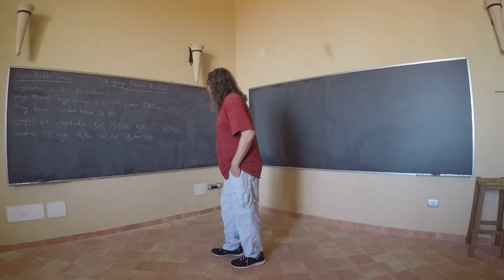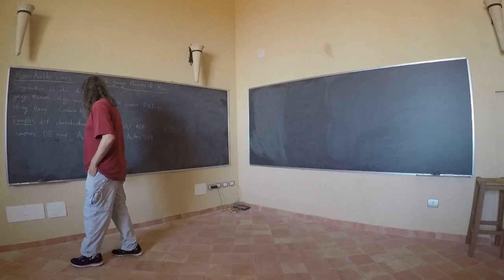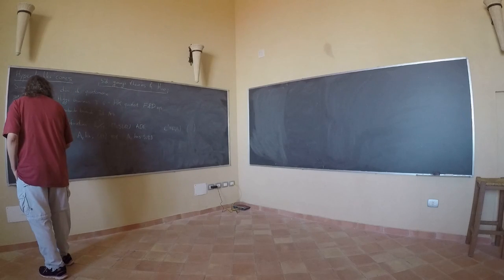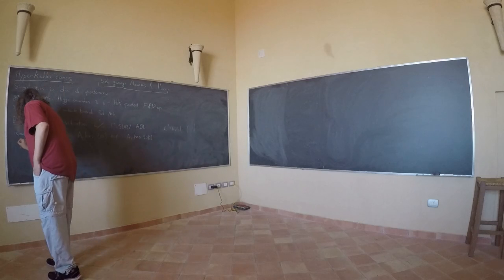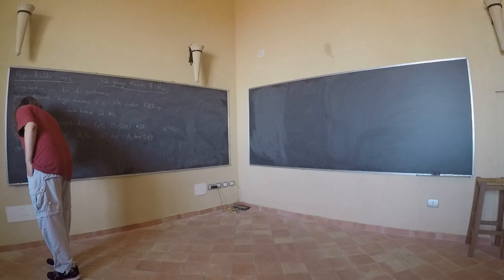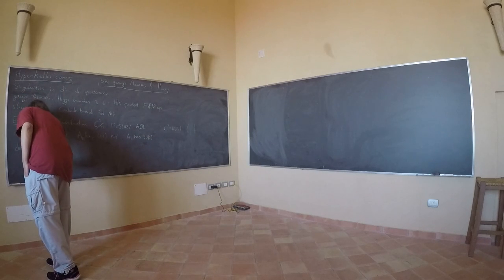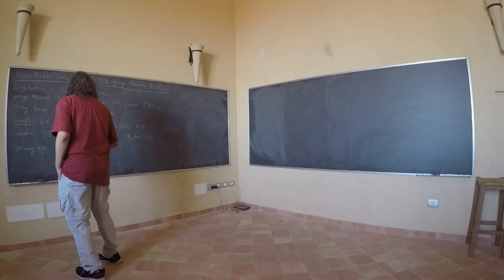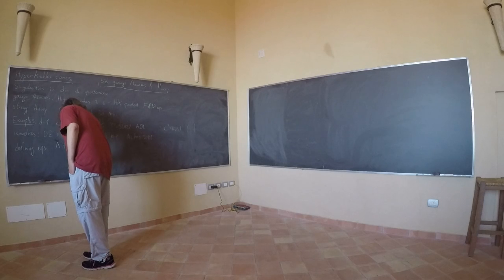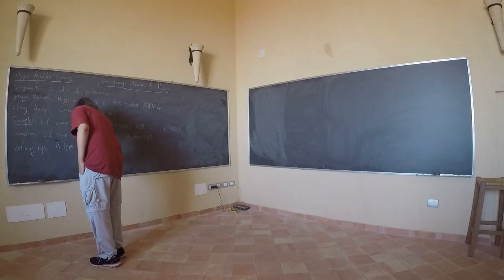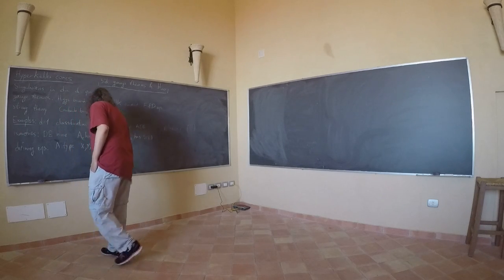So, let's look at the defining equations. And we will start with the A type. So I have 3 variables, x, y, and z.